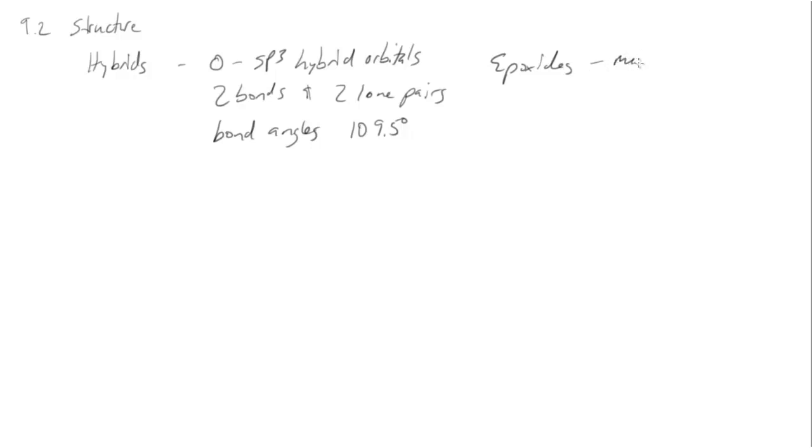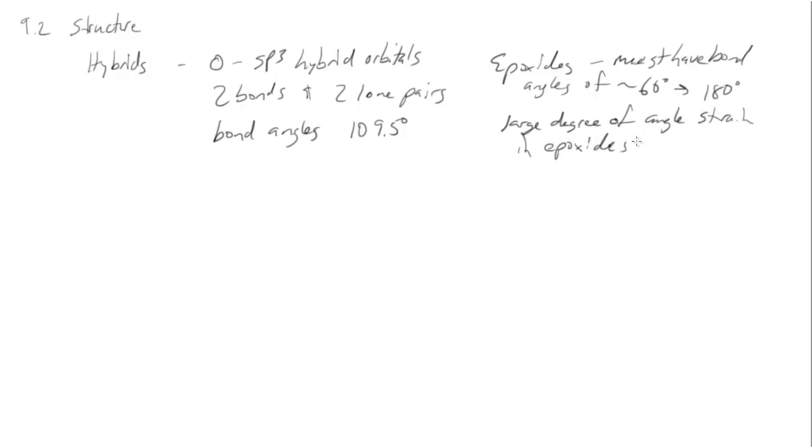Epoxides must have bond angles of roughly 60 degrees, because all of the angles inside of an epoxide have to add up to 180 degrees total for all three of them, because it's inside a triangle. So this actually yields a large degree of angle strain in epoxides, and that's going to make them much more reactive than normal ethers.